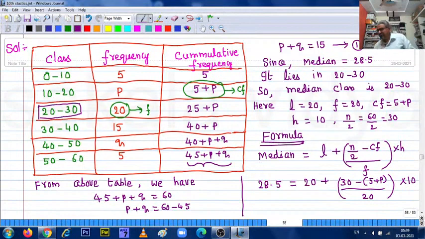So now we need to simplify this one. First we get the P value here.